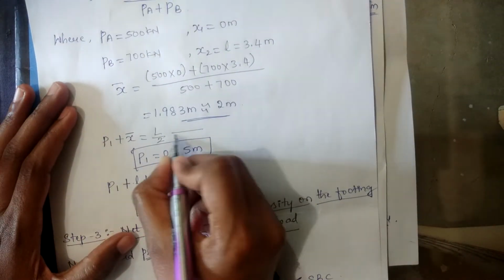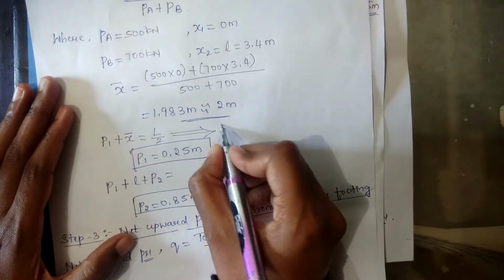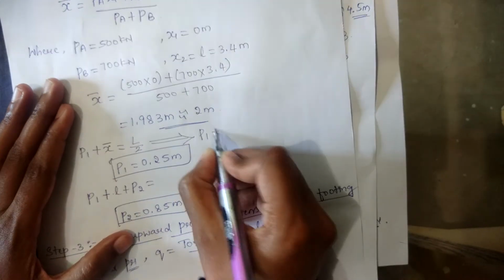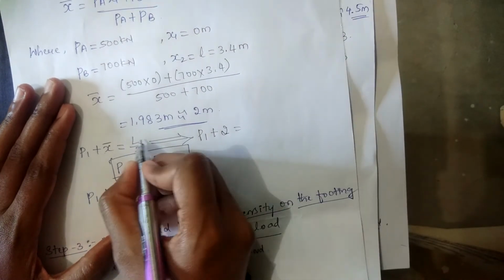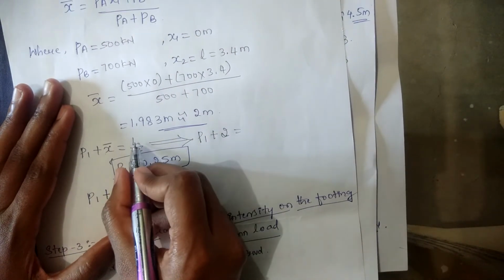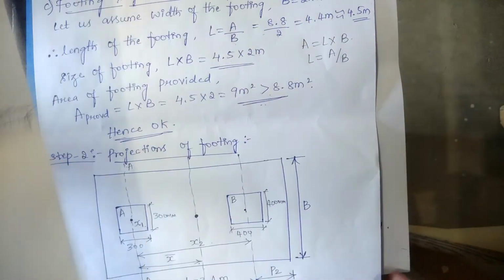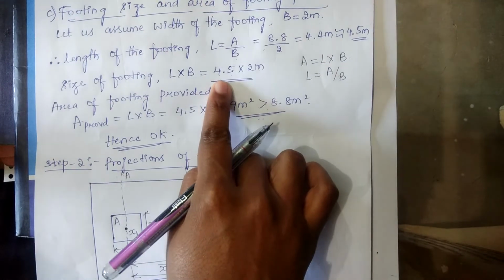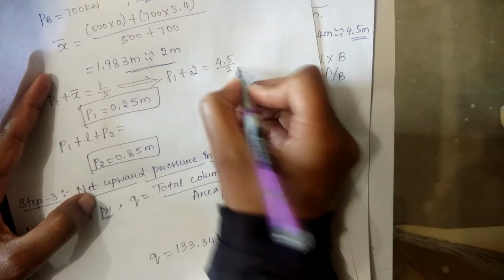Now let us start substituting the values of x bar and L in this equation. You keep P1 as it is plus the distance x bar we got, 2 meter, is equal to L, which represents the length of the footing here, and the length of the footing we have got is 4.5 meter. This is equal to 4.5 by 2.